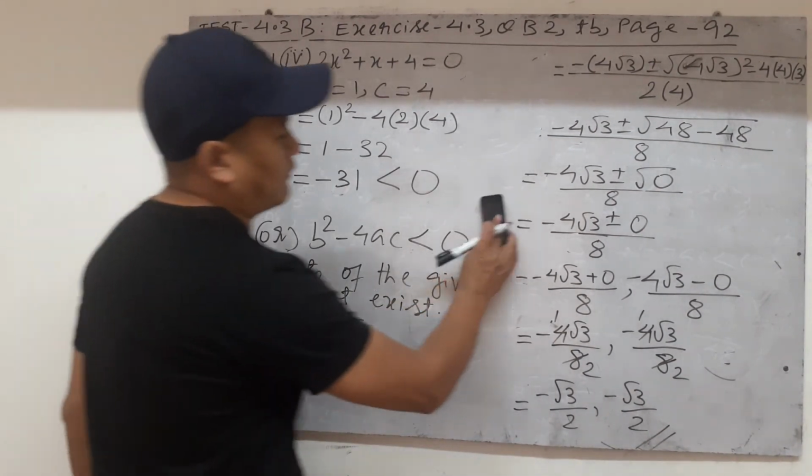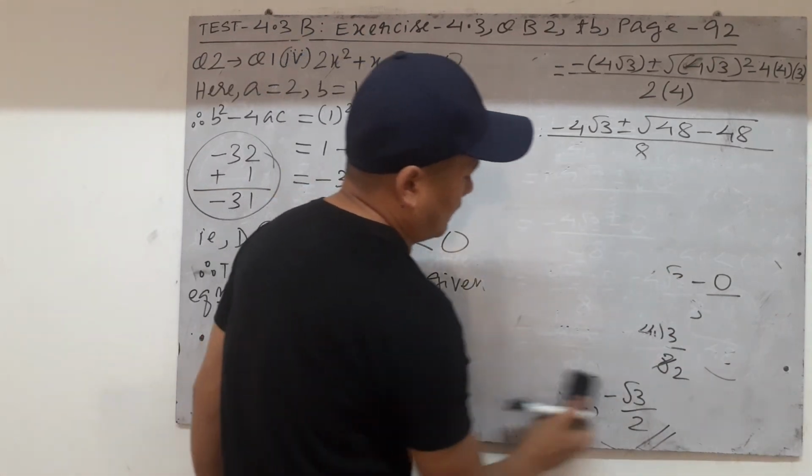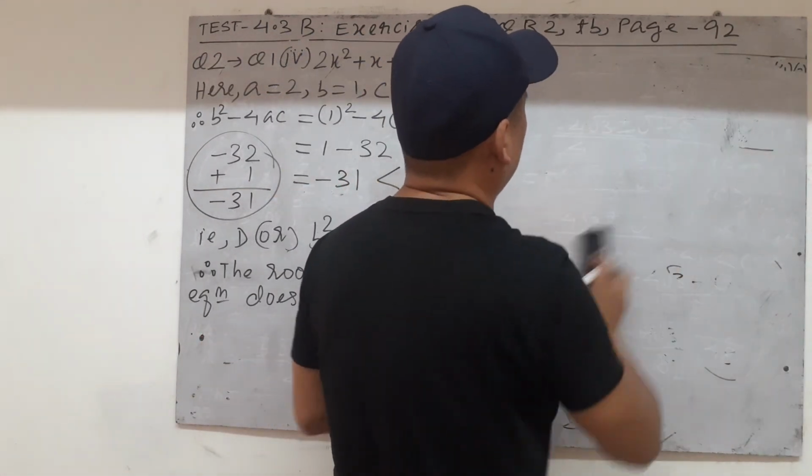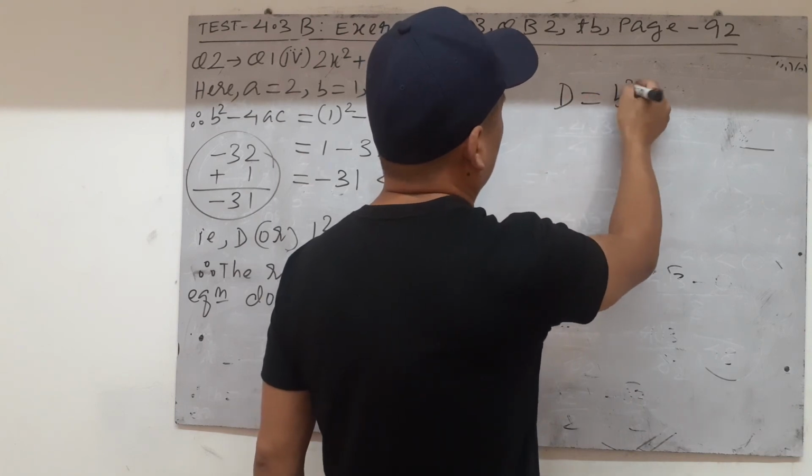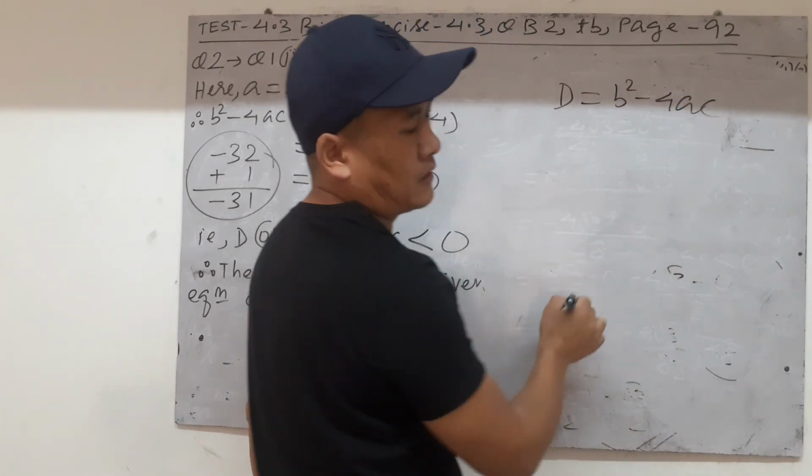Okay, so before we end, summary. In this class we have learned this value here, b square minus 4ac, discriminant value.